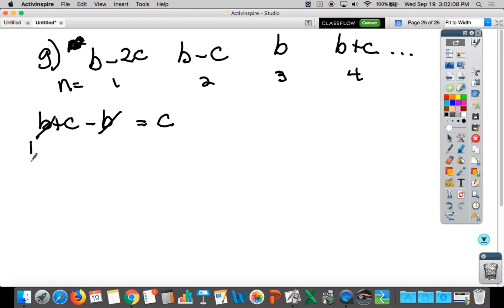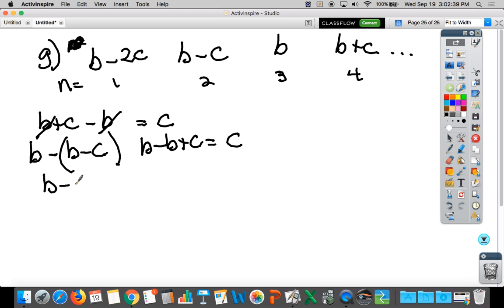I take b. Now be careful. What's my mistake here? I did right minus left. You have to put parentheses. It's a polynomial. So that would be b minus b plus c, a common difference of c.